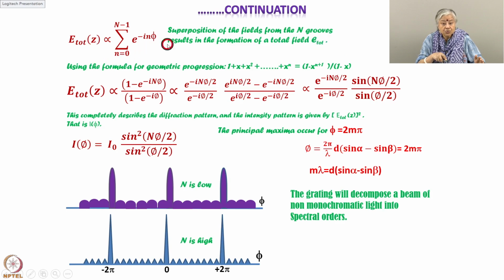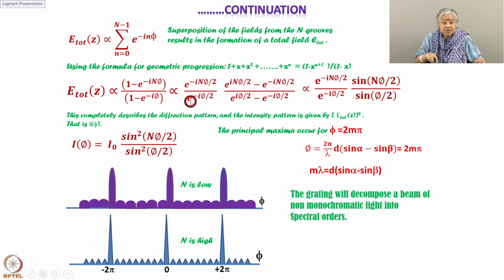Now, how do I add all these things? This is a bit of algebra. This part is a geometric progression, and the identity is given by this. So I substitute that E total z, because 1 minus e to the power minus I n phi, is proportional to this.